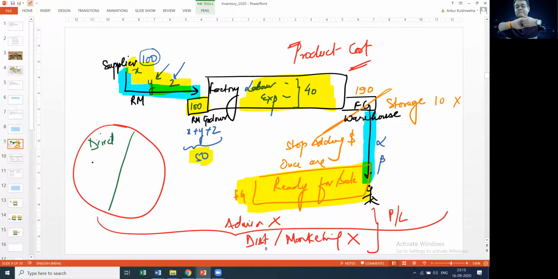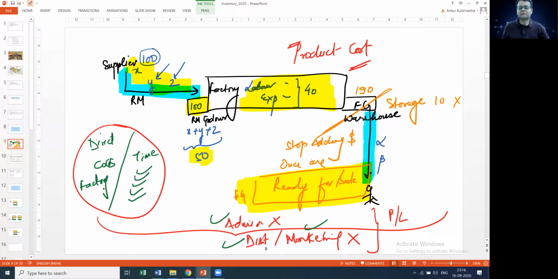They will be matched with the output and they will enter the P&L as COGS once the corresponding inventory is sold. The other ones are time based cost. They will enter the P&L at the expiry of the time, like rent or salary or whatever. So people, admin, distribution, marketing are all here. Factory cost mostly are here.